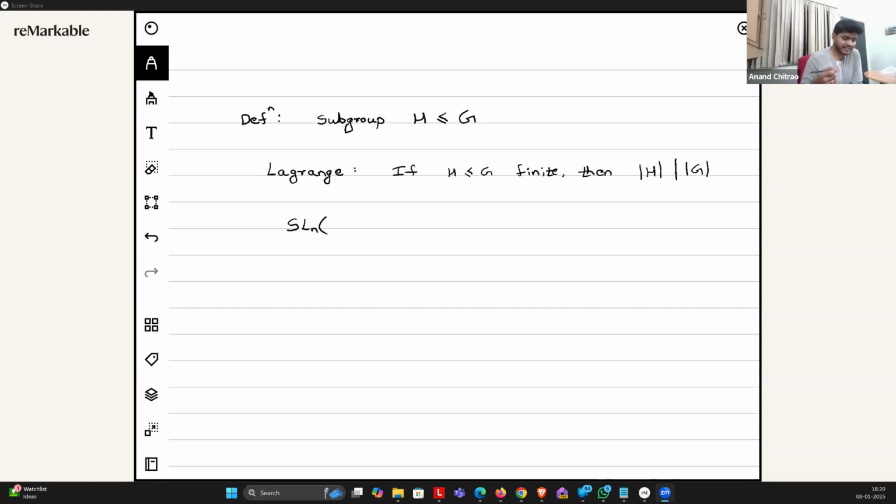When you say general linear or special linear, you should specify over what. So SLn of Z or R. One can take Z or R. This is a subset, but in fact, it's a subgroup of GLn of Z. Okay.